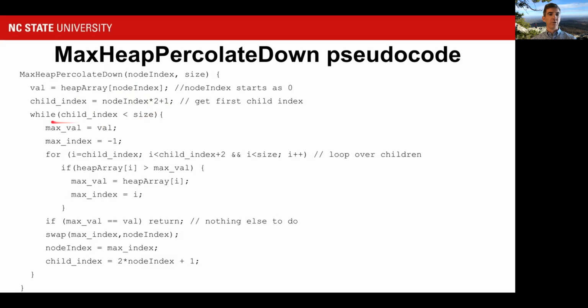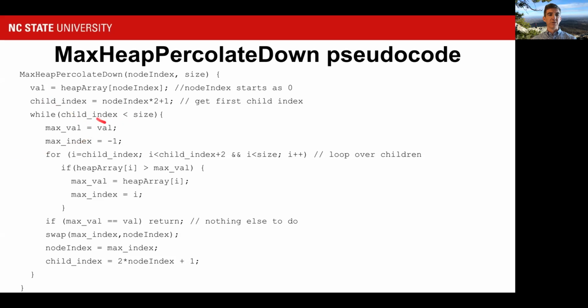Okay, this while loop, while child index is less than size, is saying that while I haven't gotten past the end of my array, I'm possibly going to be taking this value I just moved to the root and pushing it back down to the last level of the tree. But the only way I know where the last level of the tree is, is based on the number of things in the tree, the number of things in the array.